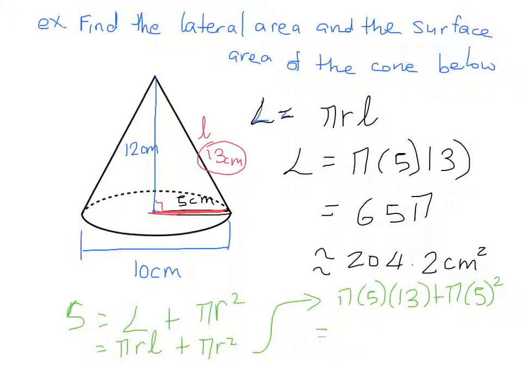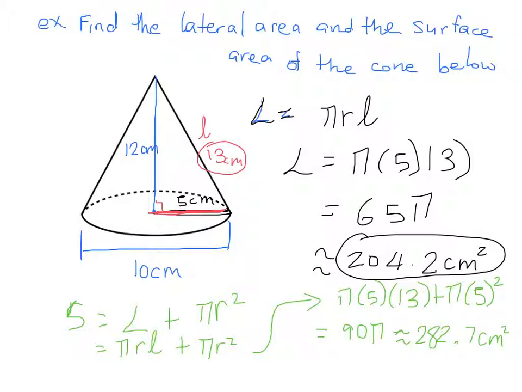When you work that all out, you should get 90 pi, or approximately 282.7 centimeters squared. And so that's how you find the lateral area and the surface area.